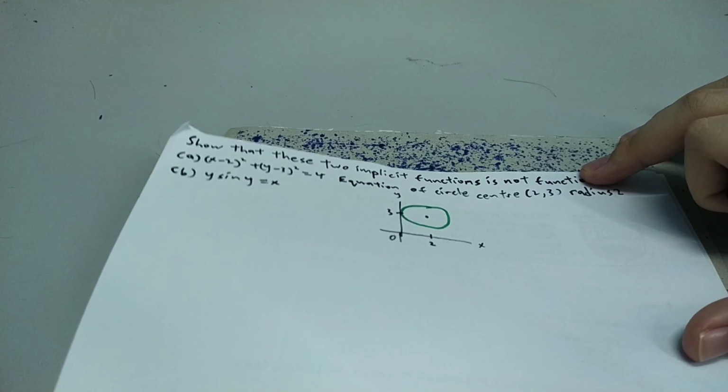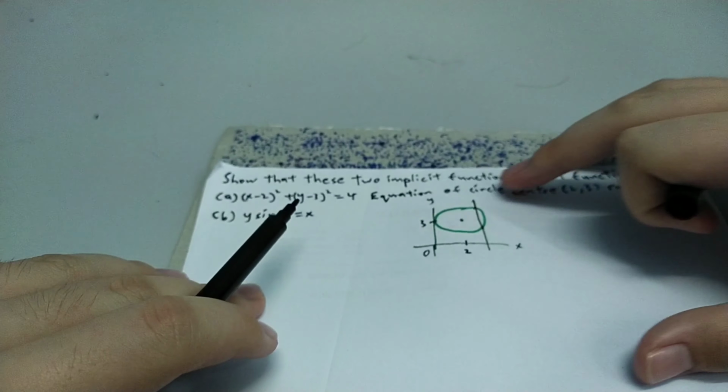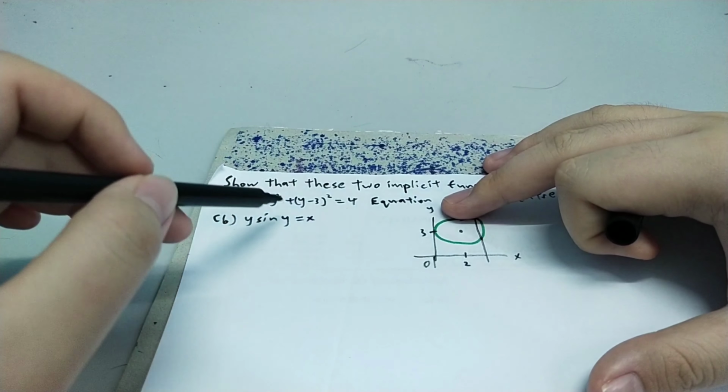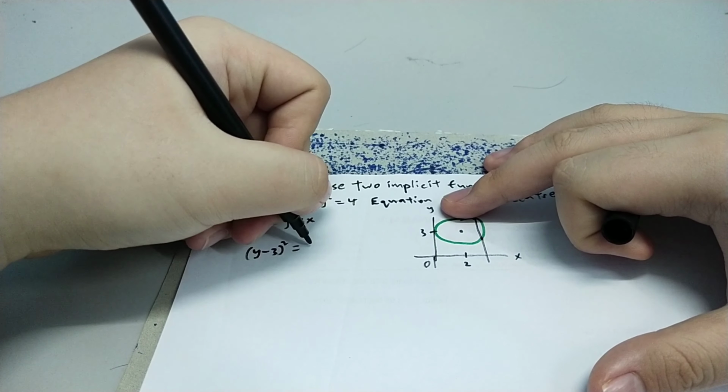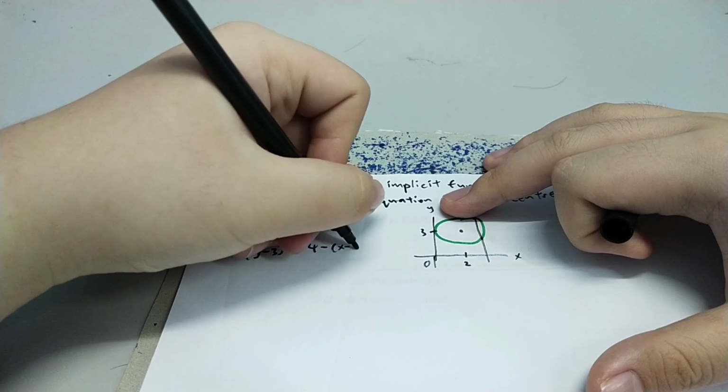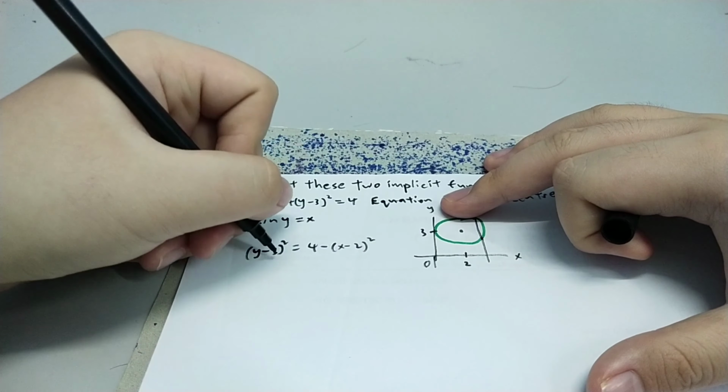Now, if you don't know that this is the equation of a circle, you can think of it like this. For implicit function a, we will solve for y. So we will get (y minus 3) squared is equal to 4 minus (x minus 2) squared. And when we take the square root of the other side, don't forget to put plus minus.